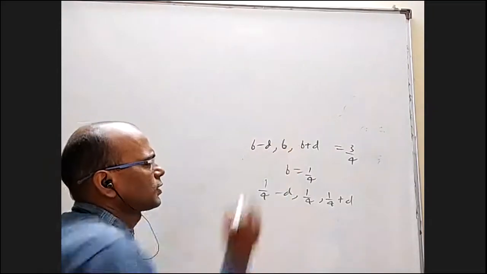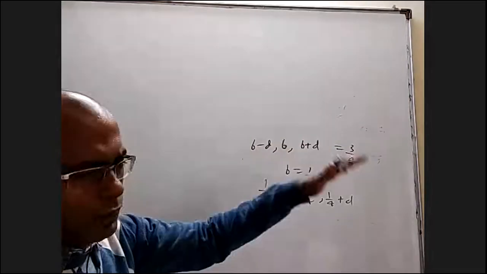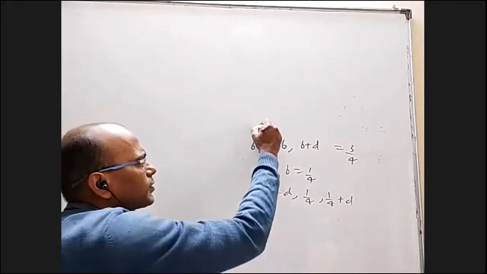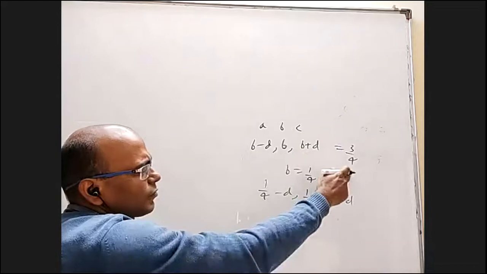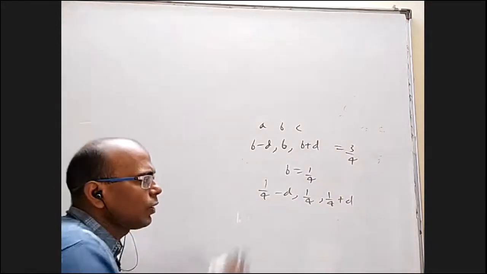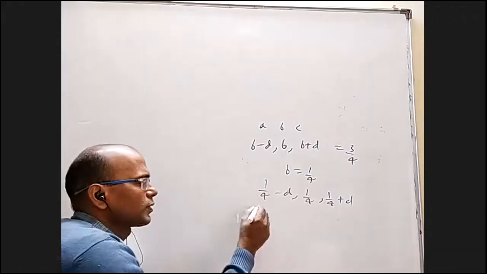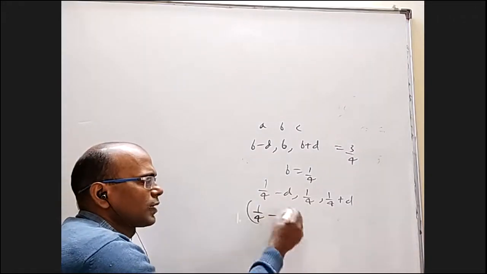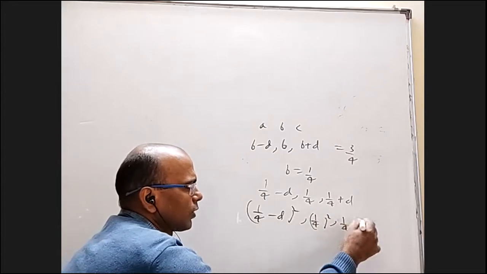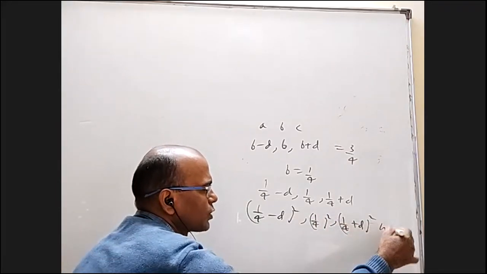But coming to this, A, B, C are in AP, so I'll take B minus D, B, B plus D. Their sum is 3 by 4, so I'll get B as 1 by 4 because of 3B. Now take their squares are in GP. 1 by 4 minus D whole square, 1 by 4 whole square, 1 by 4 plus D whole square are in GP.